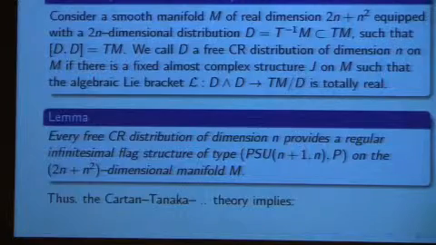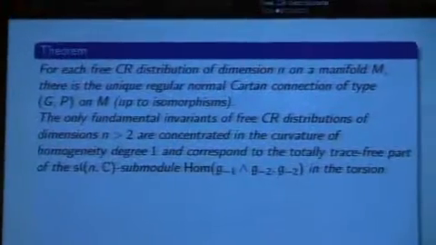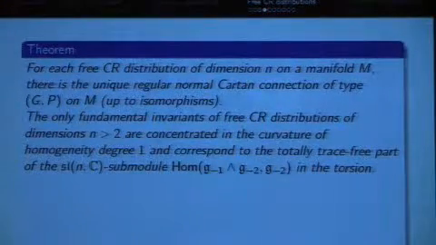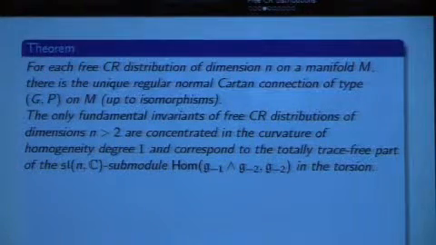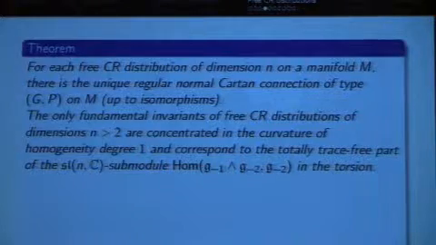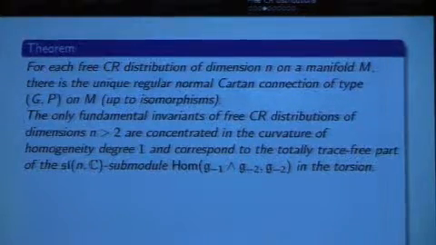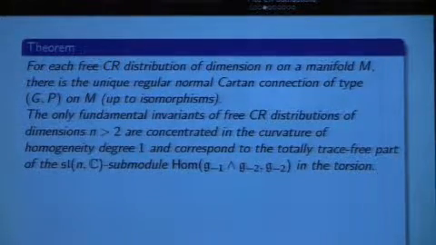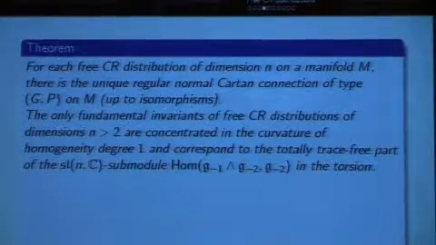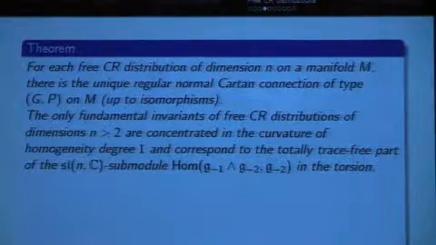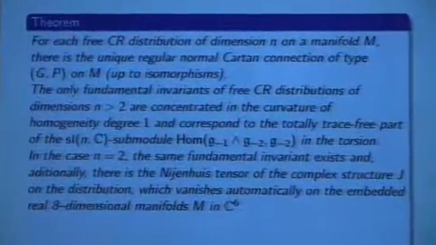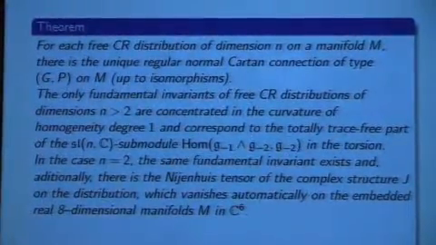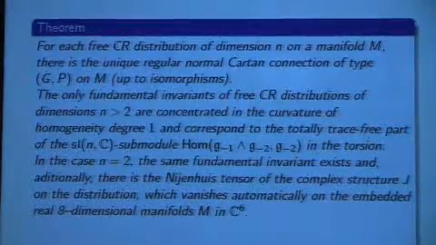And so the general theory applies, and we know that for each such CR distribution there is just one canonical regular normal Cartan connection, and the only fundamental invariants of the free distributions are concentrated in the curvature of homogeneity 1. It's just the simplest torsion you can ever dream of, and they correspond to the totally trace-free part of this particular submodule. The case n equals 2 is slightly different because there you get two homogeneity 1 torsions, so there is no homogeneity 0 thing.